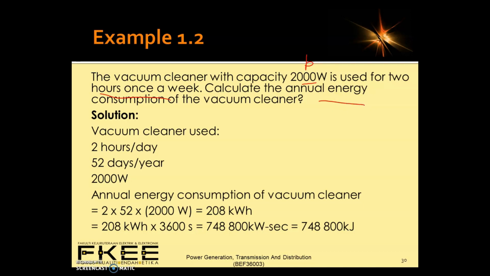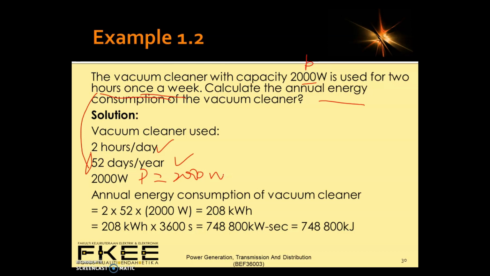So for the solution, the vacuum cleaner is used 2 hours per day. Considering 2 hours once a week, in a year is around 52 days per year. And then we have P is 2000 watt.